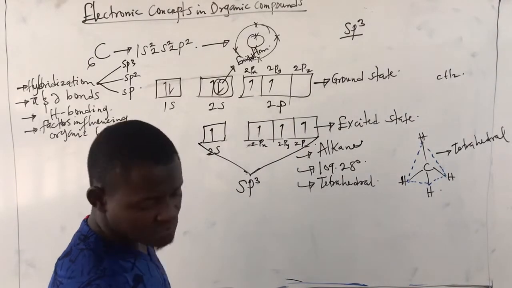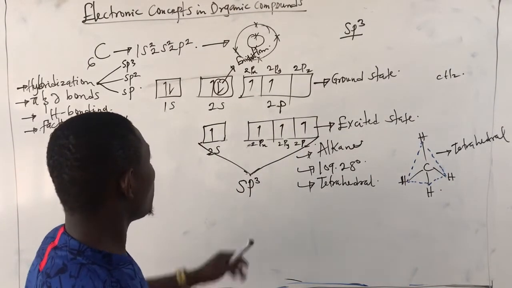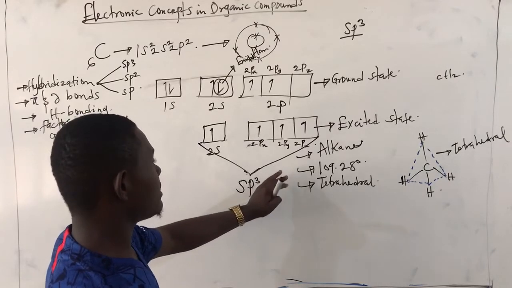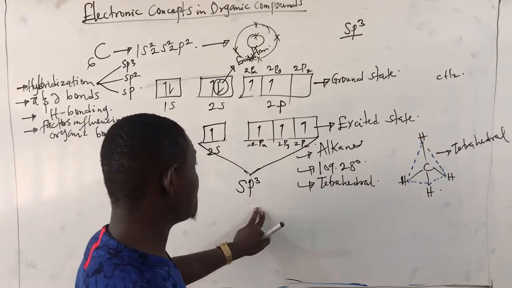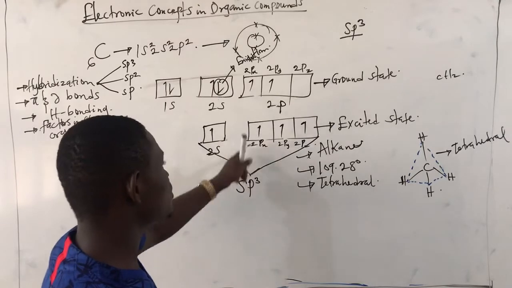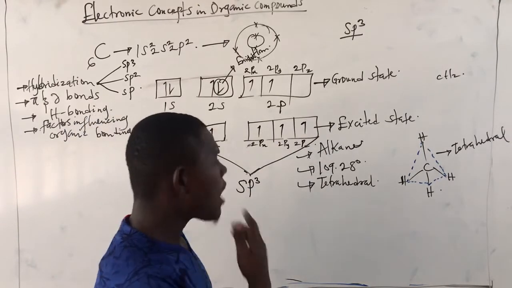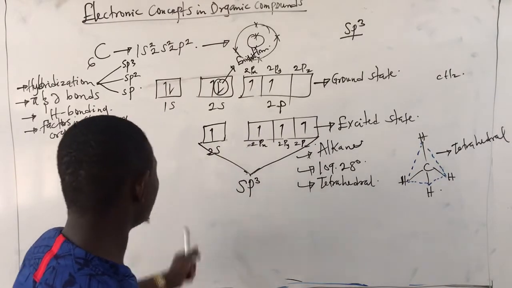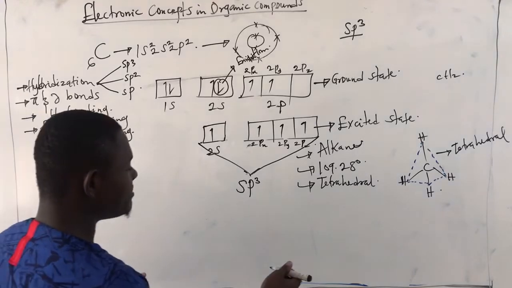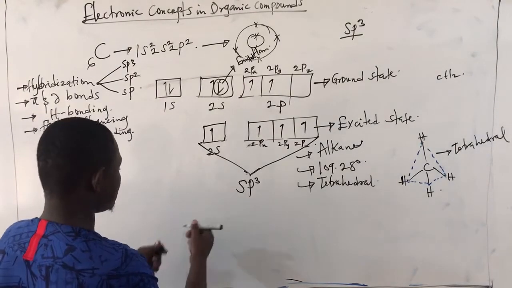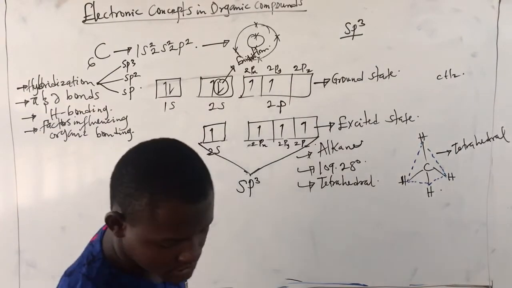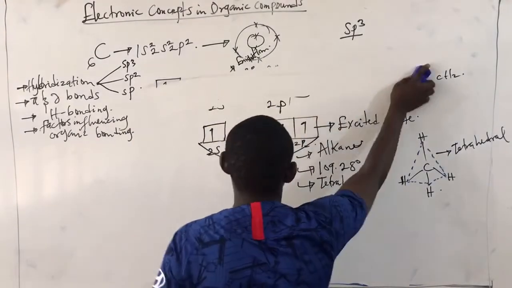Now, as for the sp2 hybridization, what happens is the same thing that happened in sp3 hybridization. That is, the electron gets excited and jumps to the 2pz orbital. However, the difference is at the mixing of the orbitals. Let's write it here.